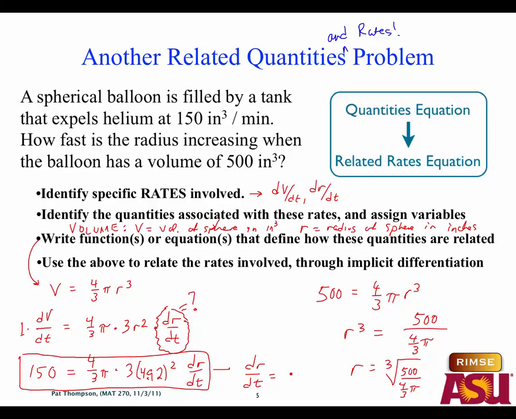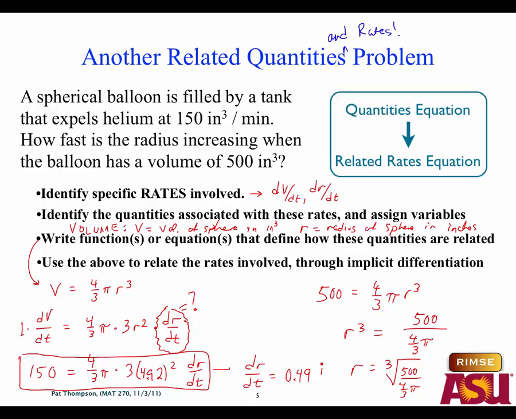And what are the units on dr/dt? The units will be inches cubed per minute. What do we think? Yeah, the radius is in inches.